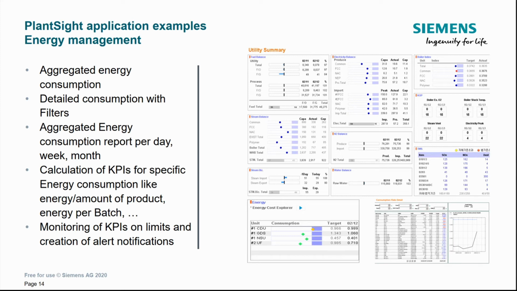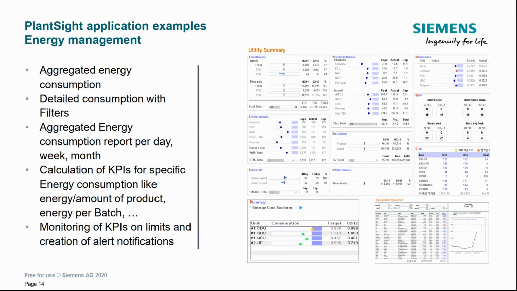And monitor that, as we mentioned before. It's not only about visualization, it's also about monitoring. So we could easily create that kind of KPI, monitoring energy consumption limits, also supporting energy balances and things like that, and creating notifications if you reach a threshold.